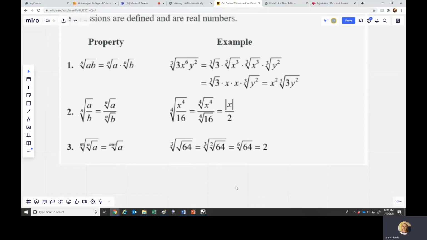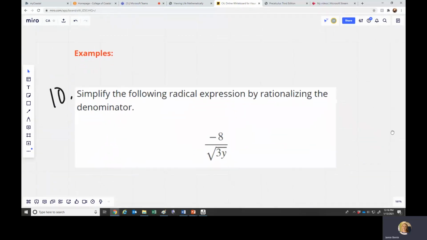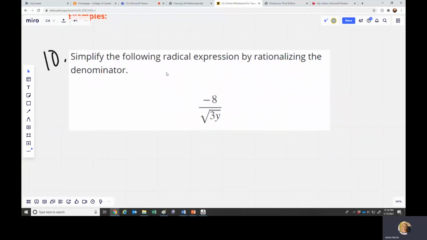Like I said, I have class in like 14 minutes, so I'm trying to get through these a little quickly. I'm going to show you how you can rationalize the denominator. Remember, it said that your expression is going to be in simplest form if you don't have any radicals in the denominator. All right, so this is a simple problem. If we have any more complicated ones, I'll make a separate video.